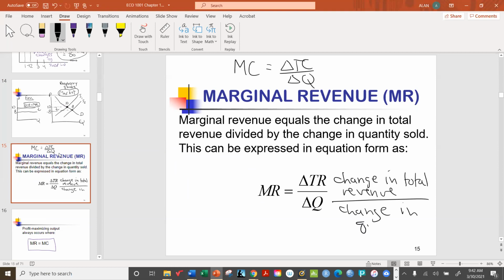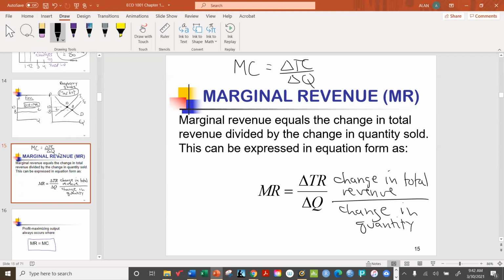They're very similar ideas, the difference being that one is cost and the other is revenue. So anytime you see the word marginal in economics, it means you're looking at the change in one variable with respect to a change in the other variable. And this is no different. Okay, so two of the more important marginal concepts that we'll run into are marginal cost and marginal revenue.